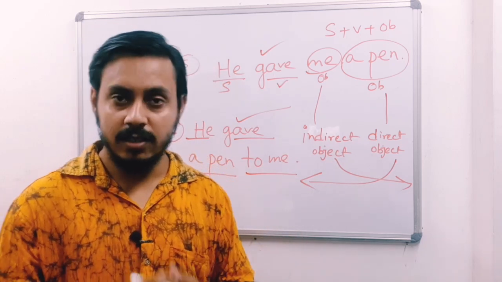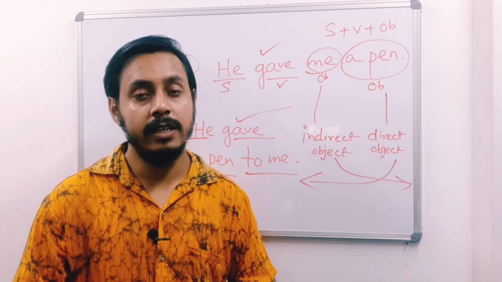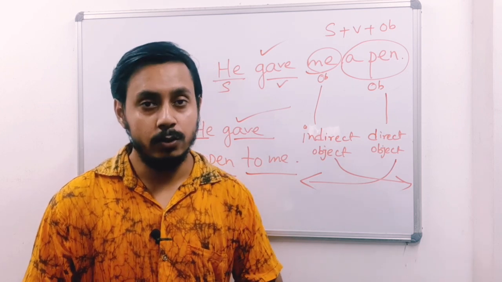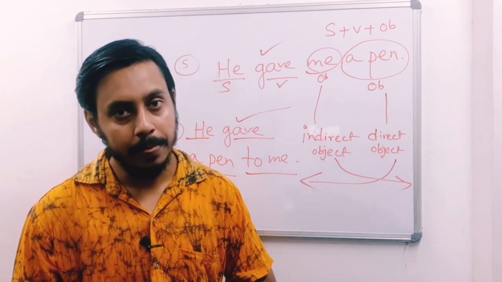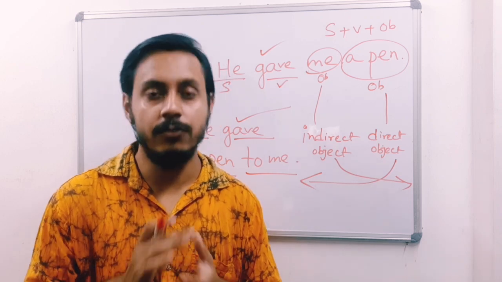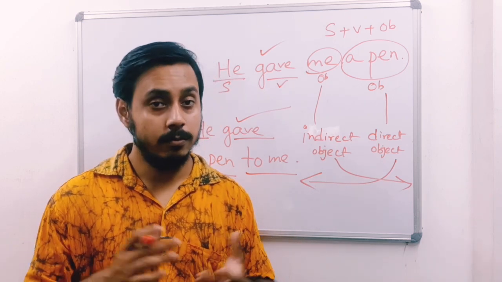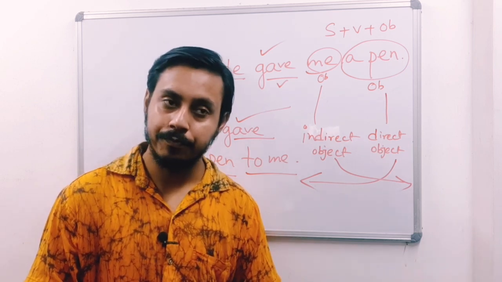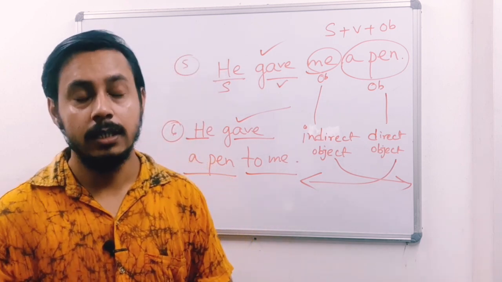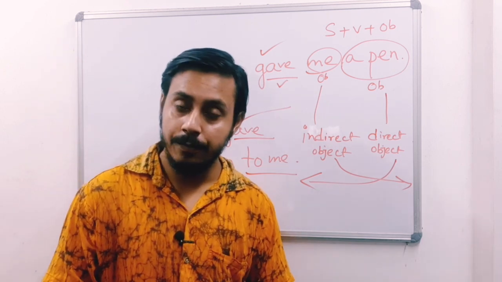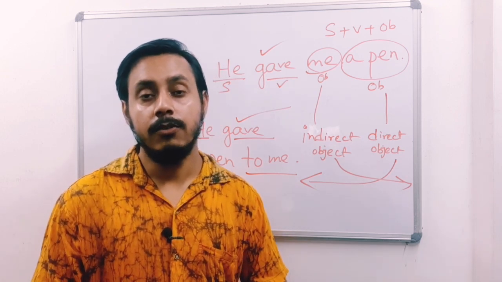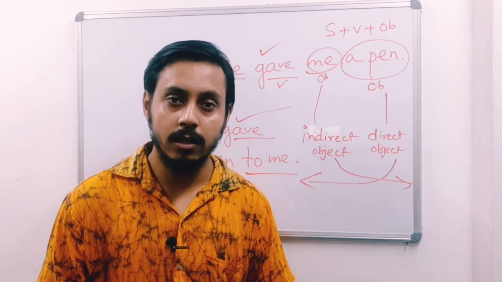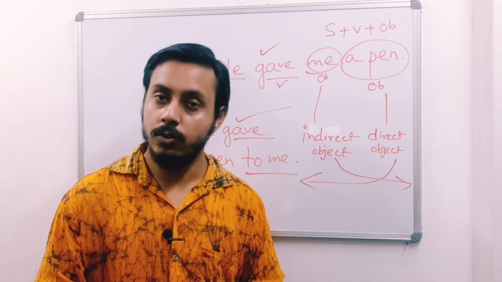It doesn't matter how many objects we have, but if any verb has an object, then that verb is referred to as a transitive verb. And the verb which doesn't have any object is called an intransitive verb. Why is it called transitive? Simply because the verb can transit the action. The verb can pass over the action from subject to object, and that's why it is called a transitive verb.